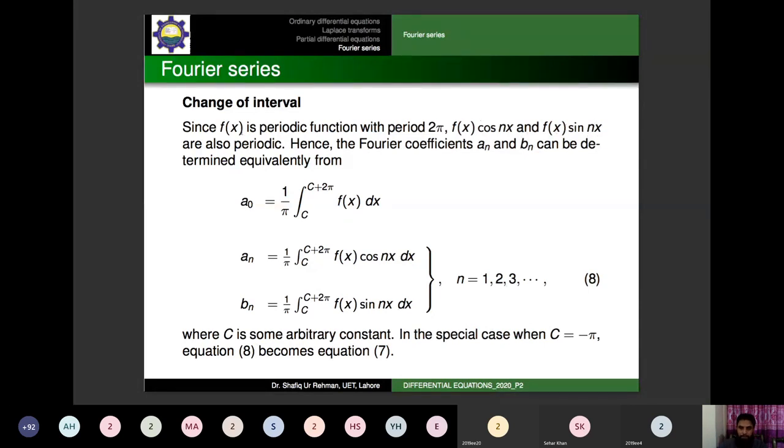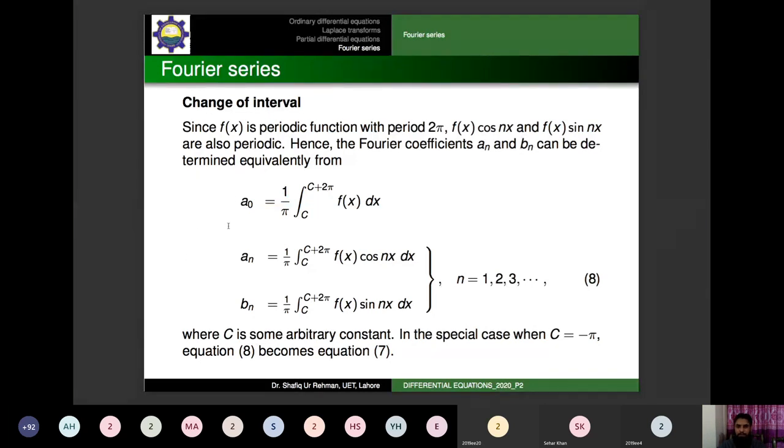So not only f of x, but all these combinations are going to be periodic with period 2 pi. f of x is used in a0. The f of x cosine nx combination is used in an, and this combination is going to be utilized inside bn. So that integrand, f of x over here, this combination, that combination, they're all periodic with period 2 pi.